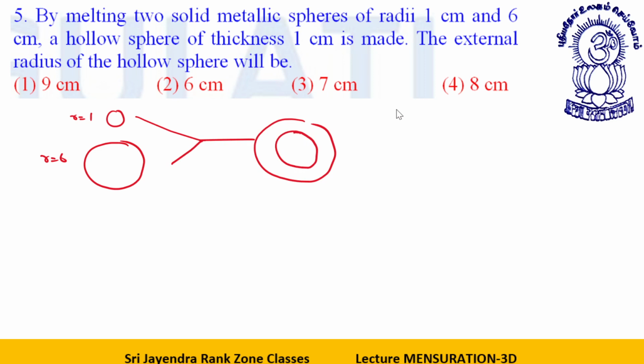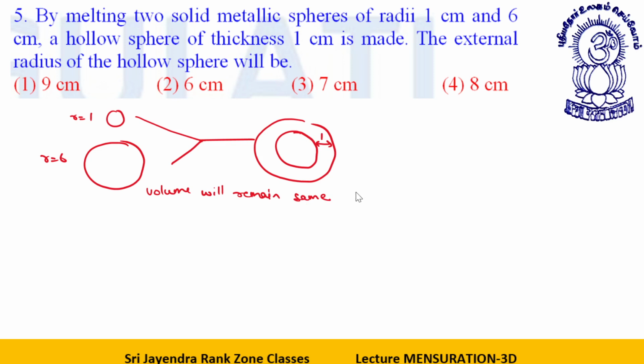The external radius of the hollow sphere will be, see what will happen. Volume will remain same in this process. This thickness is 1. Now this is a very valid point.